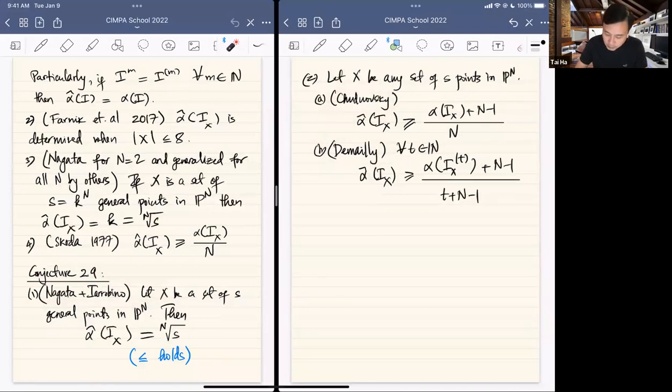So what is known, or what has been known with these two conjectures? Known cases.